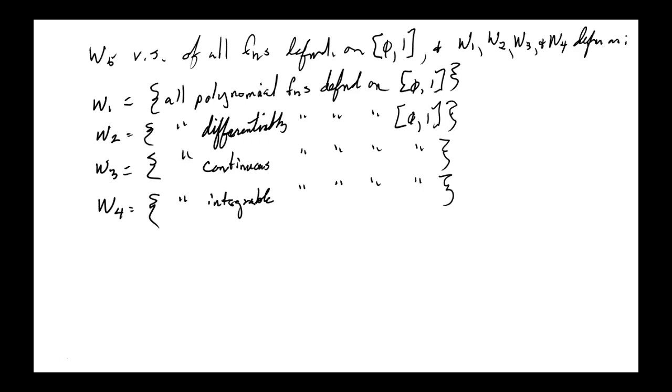Okay? Now, that means that all these, including W1, is a subspace. Okay? Well, certainly the polynomial functions, you've got a set of all polynomial functions defined on 0 to 1.